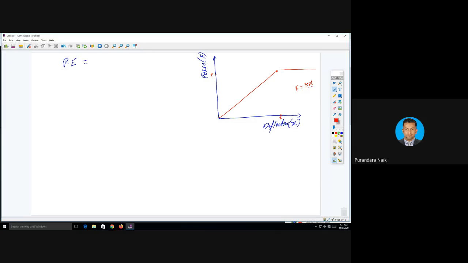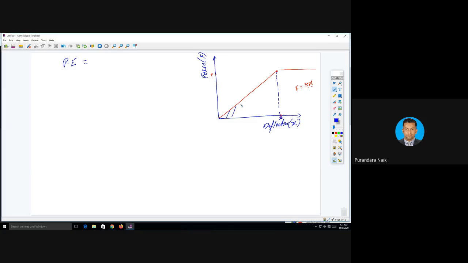If you drop it to the x-axis, that will be the x value. This is x, right?